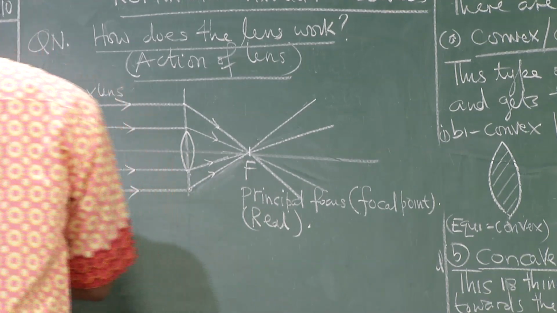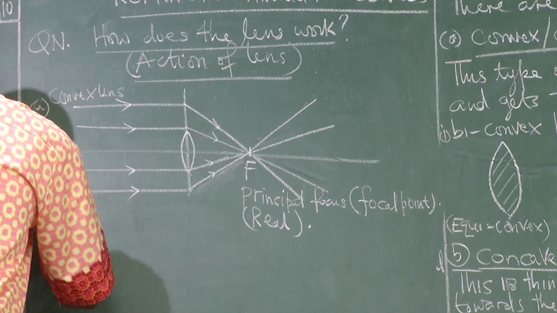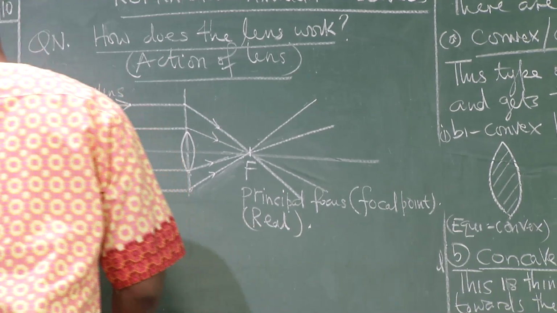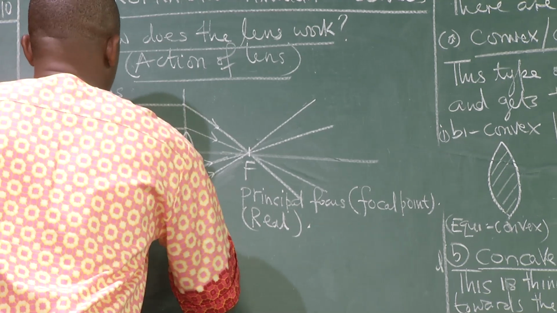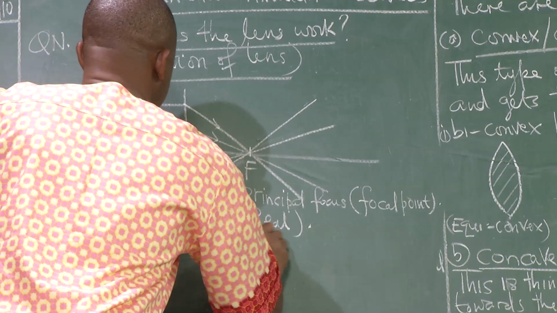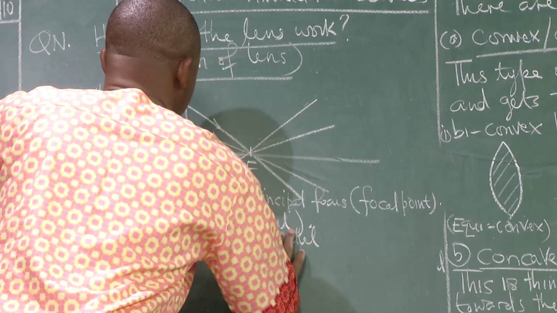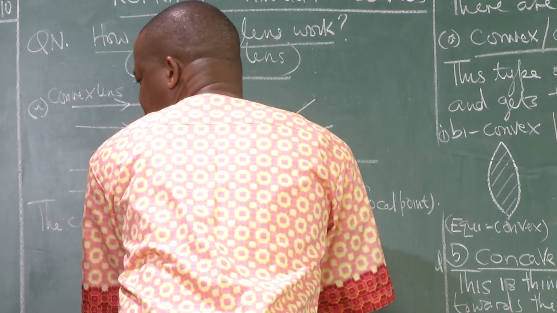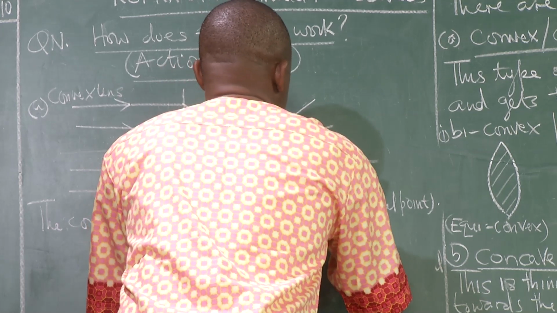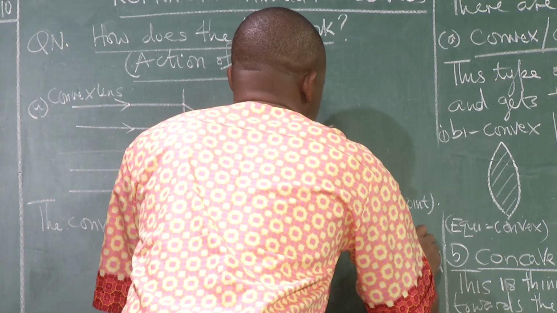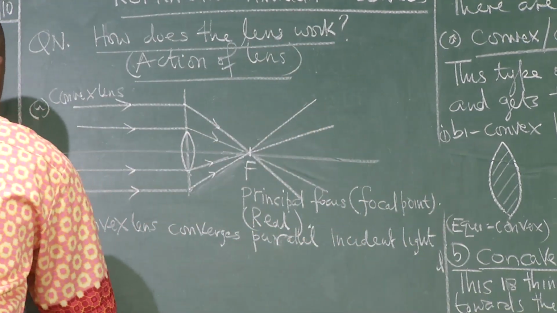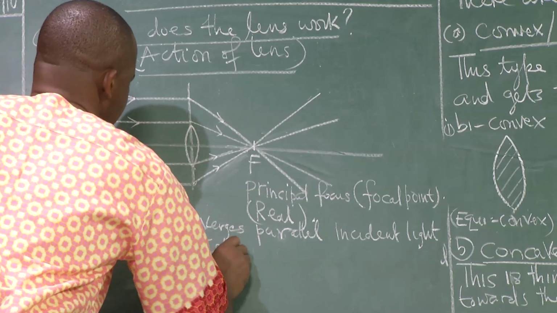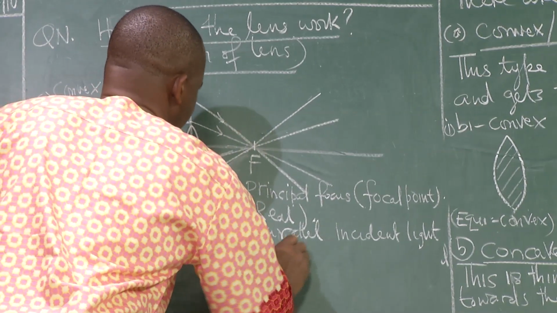And we can say that the convex lens refracts or converges parallel incident light rays to one point called the principal focus.